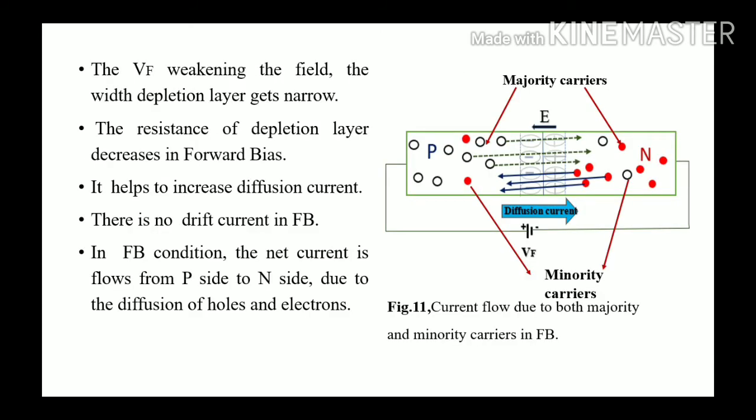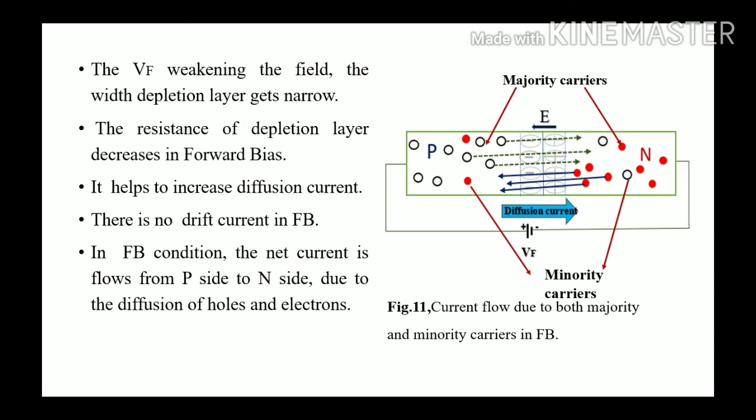As the bias voltage weakens the field, the energy barrier reduces, so the resistance of the depletion layer also decreases. So, more electrons diffuse over the barrier from the N side to the P side and more holes diffuse from the P side to the N side. This results in an increase in electron and hole diffusion current.